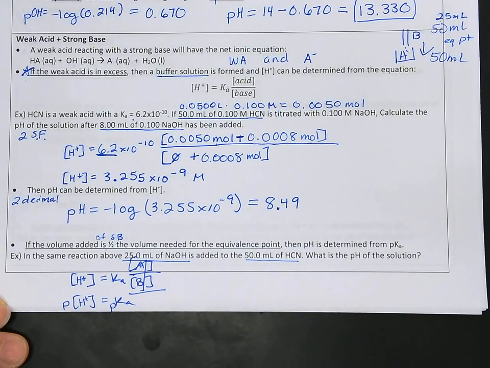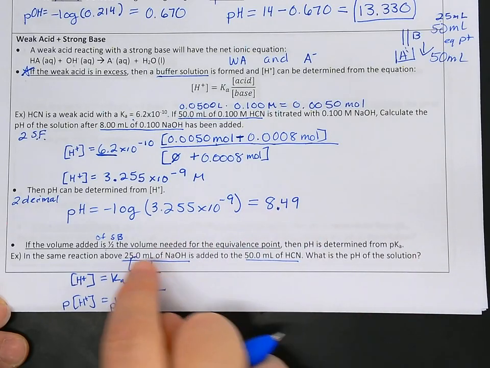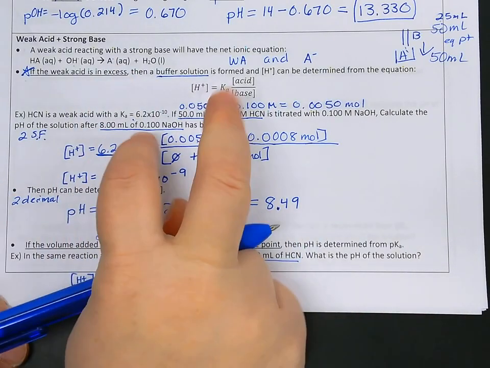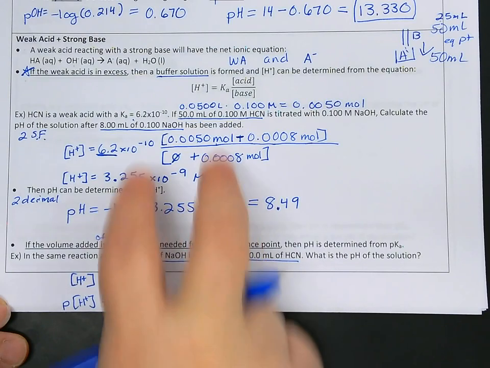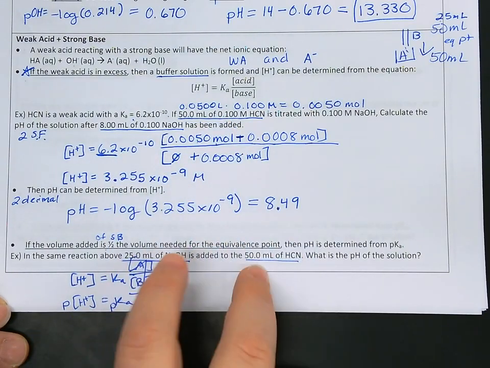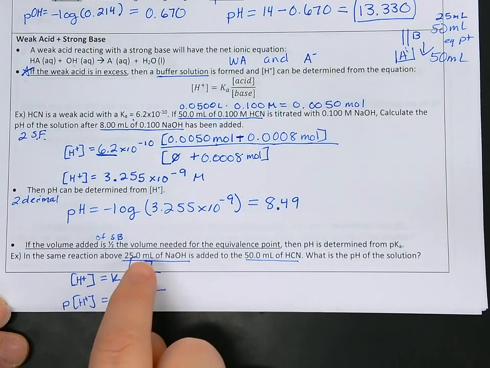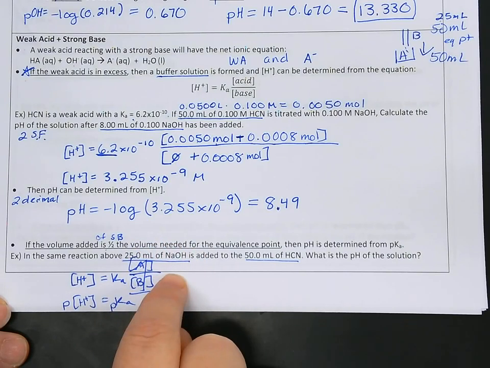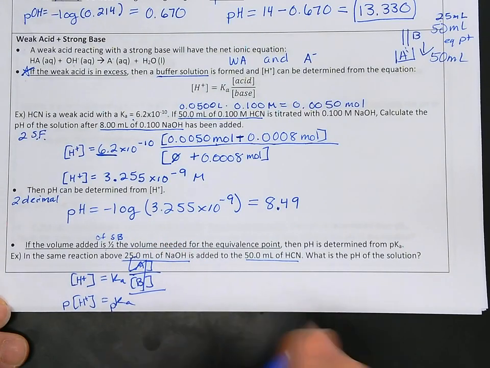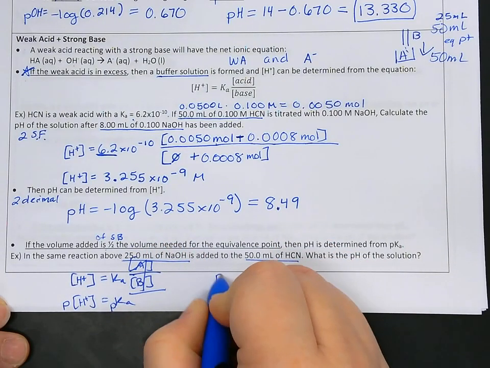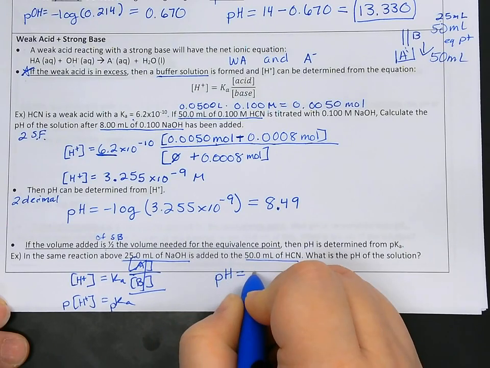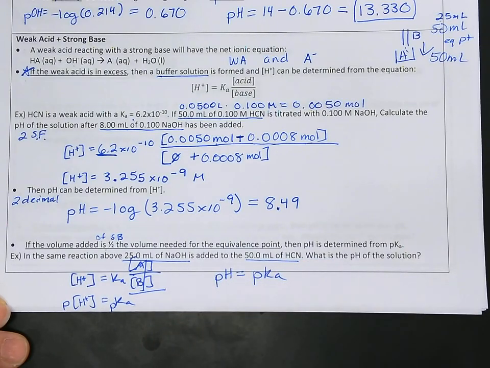What's the pH of the solution? Okay, so we notice that we've got equal molarity, 0.1 to 0.1. We've got half the volume going on, so we haven't gotten to our equivalence point, but we're halfway there. So we can say that the pH equals the pKa of the acid.